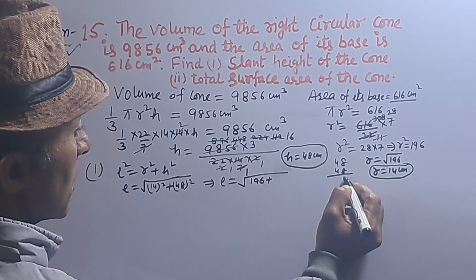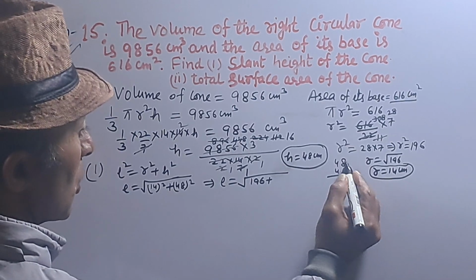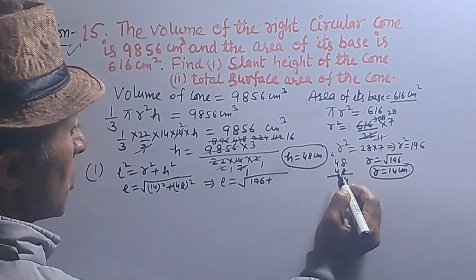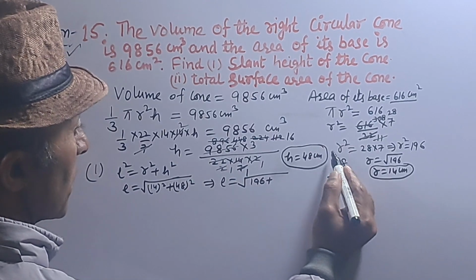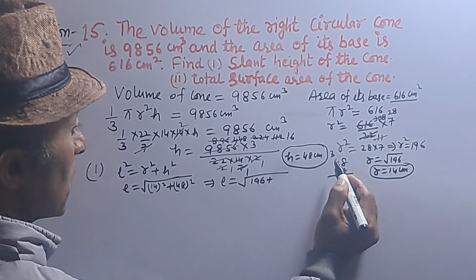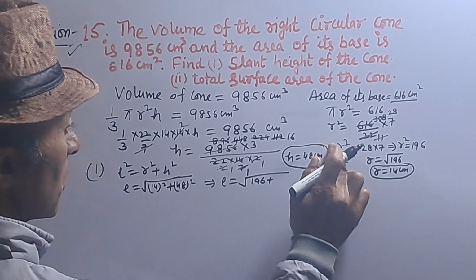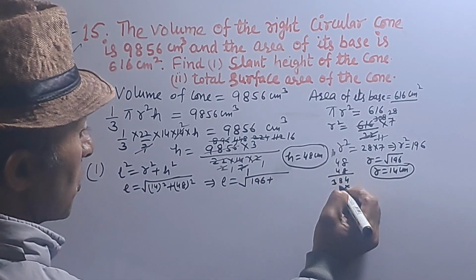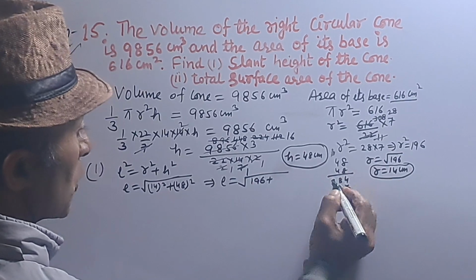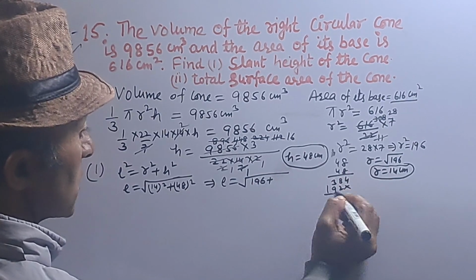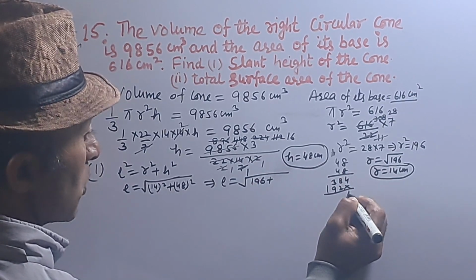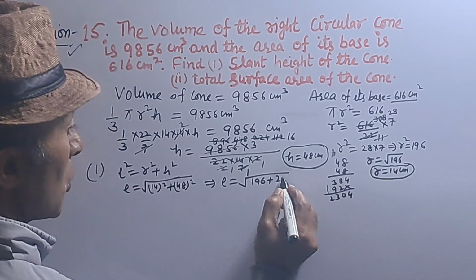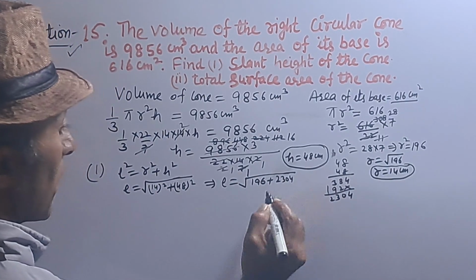8 8s are 64, 8 4s are 32, 38, 8 4s are 32, 4 4s are 16, plus 3, 19. That is 2304.